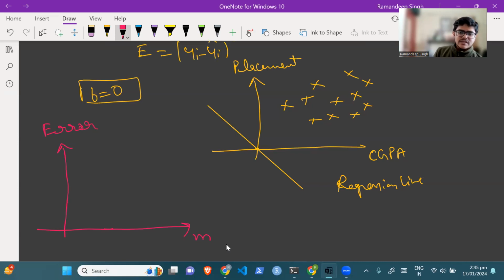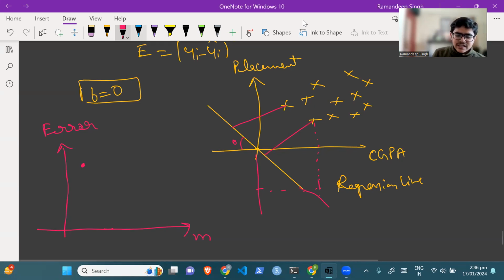So when I have this slope, which is the theta, and it is very small, I am getting very large errors. You will see that the distance of these points is very large, or when I parallelly plot these, I am getting huge errors in my model. So I can plot this as my error.